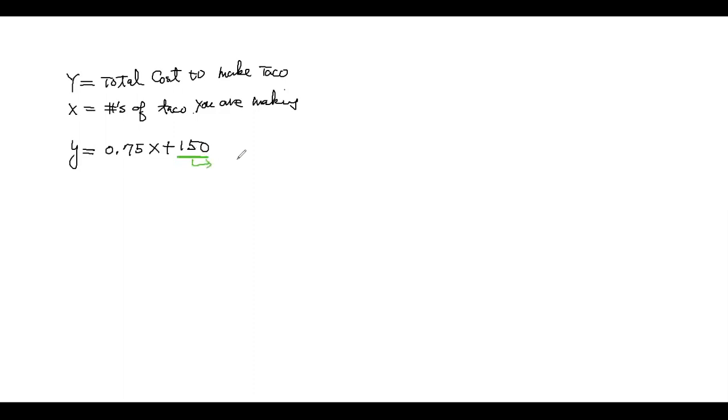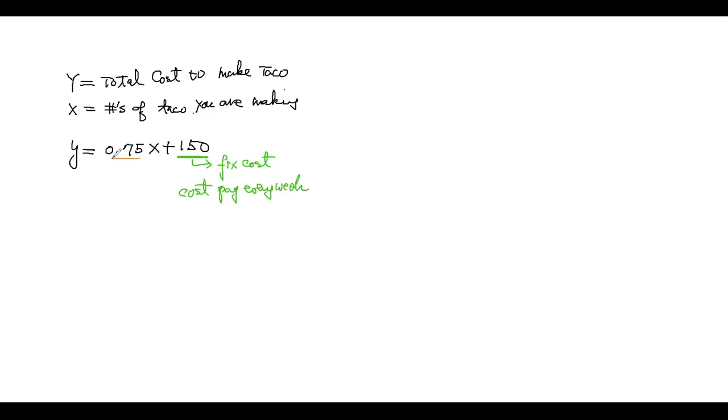So this could be what we call the fixed cost. If you have a taco truck, maybe that's the cost you need to pay every week. It does not matter if you don't make any taco, you have to pay the rent for this truck, $150. So that's what we mean by the fixed cost here.